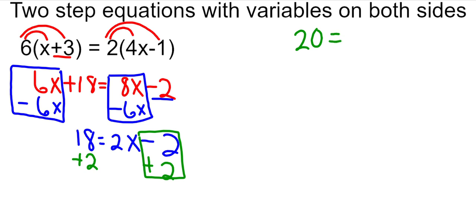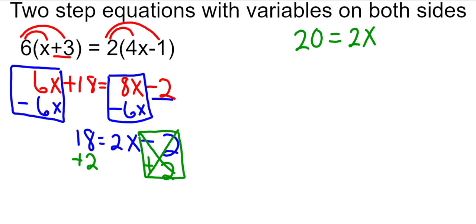is equal to 2x. And the reason I can say 2x is because this 2 has been canceled by the negative 2 and the positive 2. So they've canceled each other out. So now I know that 20 is equal to 2x. Goodness, I apologize.